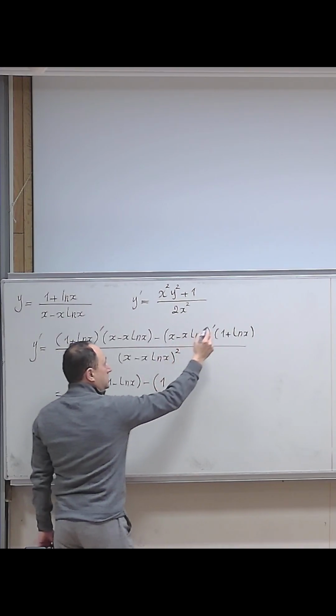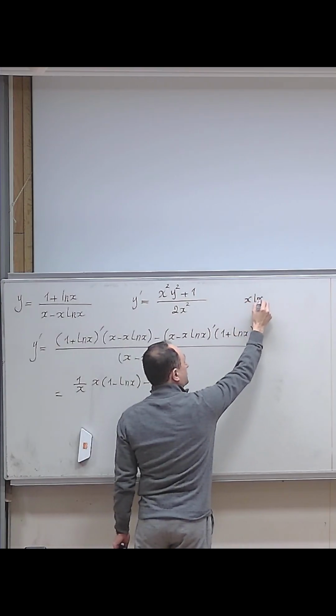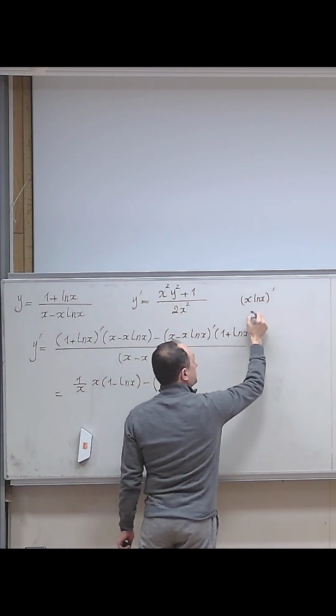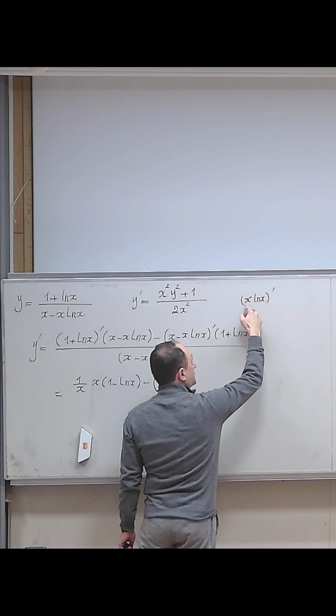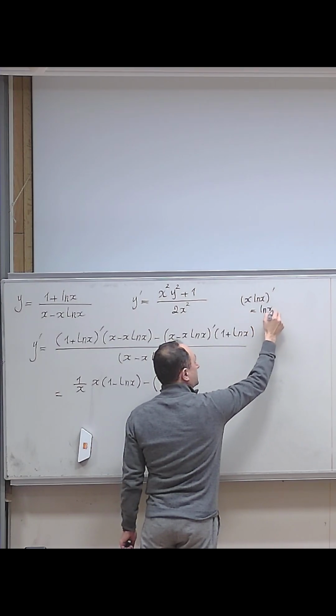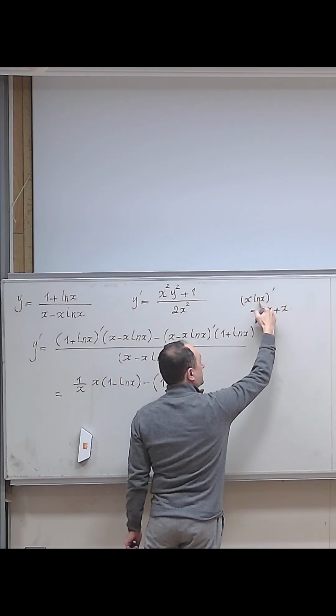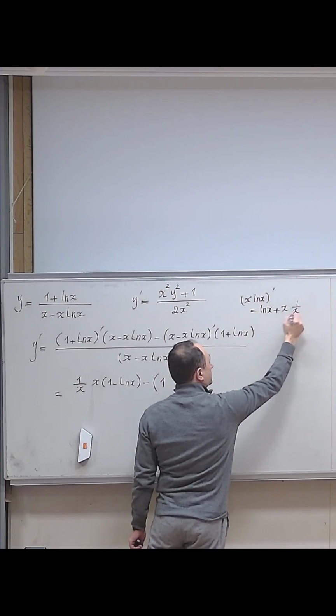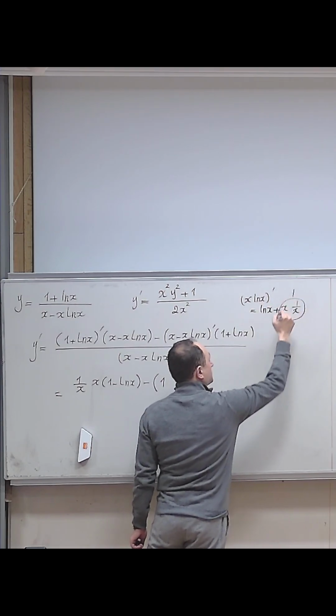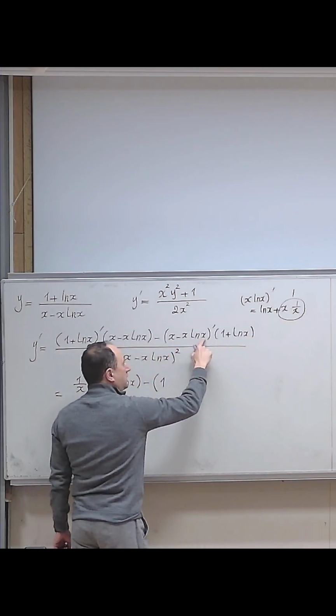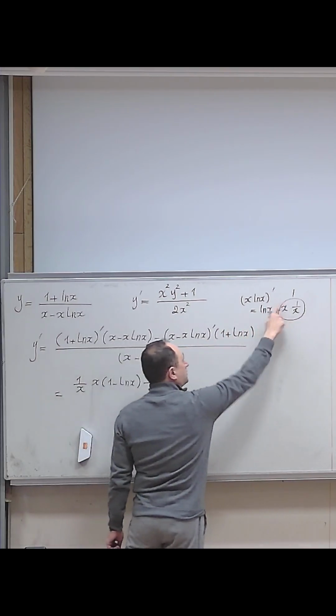But differentiating x ln x is a product rule, which tells me the derivative of the first one, which is 1, times ln x, plus the first one itself multiplied by the derivative of the second one, which is 1 over x, but this is nothing except 1. So the derivative here is just 1 plus ln x.